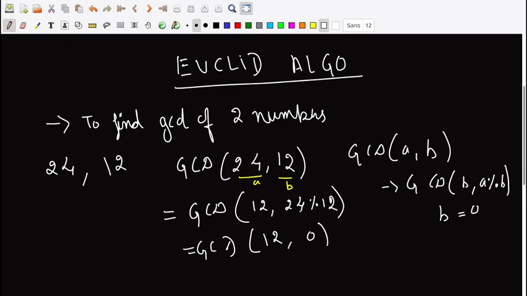Remainder is 0, because 12 divides 24. So in this case the GCD is 12. So once we reach a condition where B becomes 0, then the GCD is A. Okay. Let us take one more example to understand this concept.